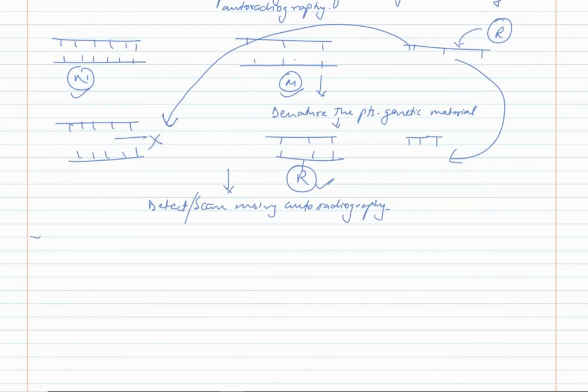So the clone having the mutated gene will appear on the radiographic film.